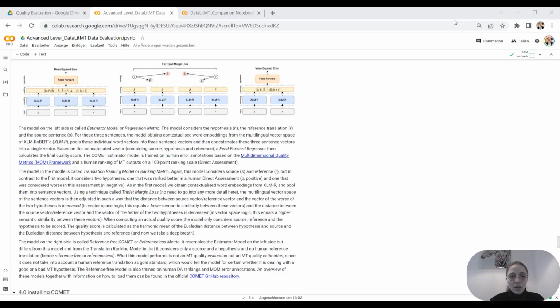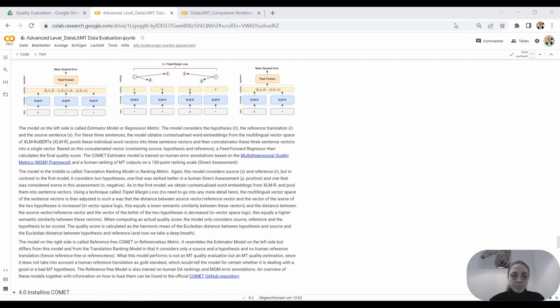The same as the other models, these sentences are converted into contextual word embeddings and then sentence vectors, and then combined into a single vector. But the important difference here is that we're not working with the reference sentences, so we're not evaluating the quality of the machine translation, we're rather estimating the quality, because we can't say for sure how good or how bad the translation is, but we can give an estimate based on the source sentence of how good or how bad the hypothesis might be.